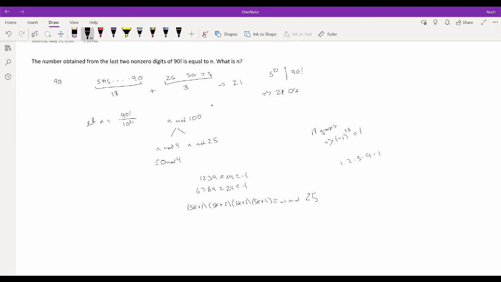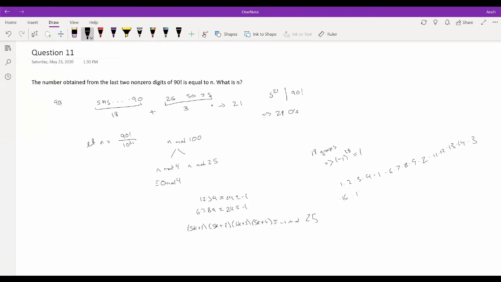And then it would be 6, 7, 8, 9, 10, 11, 12, 13, 14, and 15, 16, 17, 18. There. And we can see we have the 1, 2, 3, 4, 6, 7, 8, 9s again. So there are exactly 3 pairs of those.